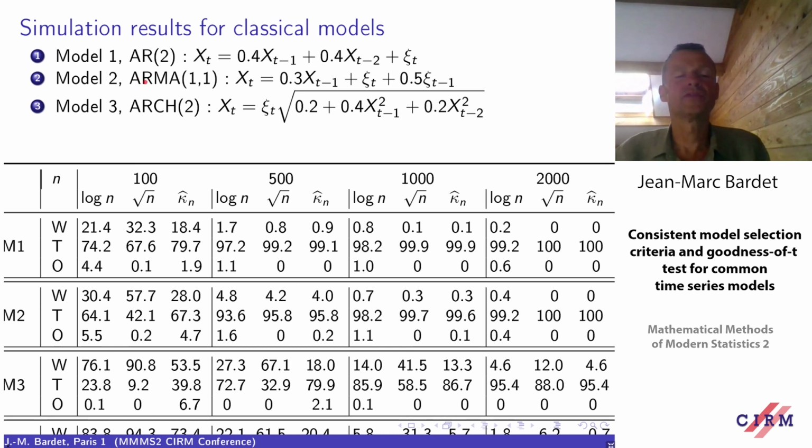Now we can also do the same thing when the generated trajectory is an ARMA 1-1, and now we still use the family of ARMA processes, and here the results are very good, as for instance, perhaps for n equal to 500, we generally recognize the true model.